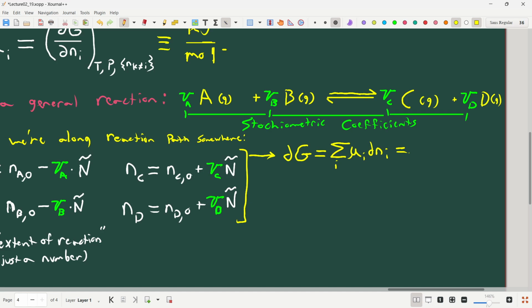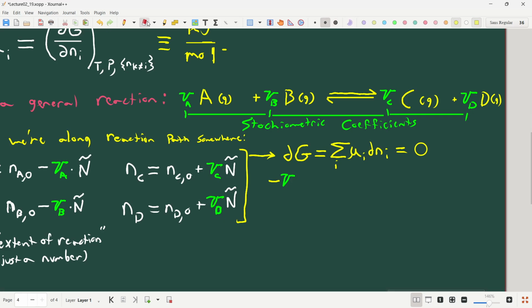Well, before we do that, we can write this now as minus... No, let's not say that. We're not at equilibrium necessarily, sorry guys. So this is equal to mu, right?